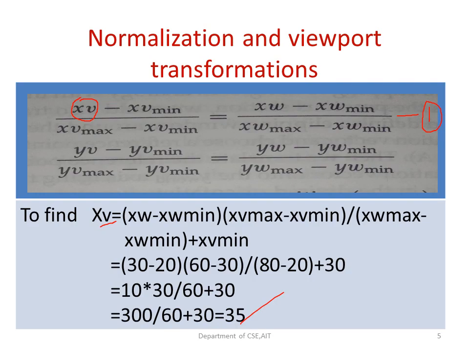Look at this slide here. We have the ratio in the x direction and the ratio in the y direction. First we will look at the first formula. On the left hand side we have the viewport parameters, minimum and maximum, and also the xv point. On the right side we have the window parameters with respect to minimum and maximum.